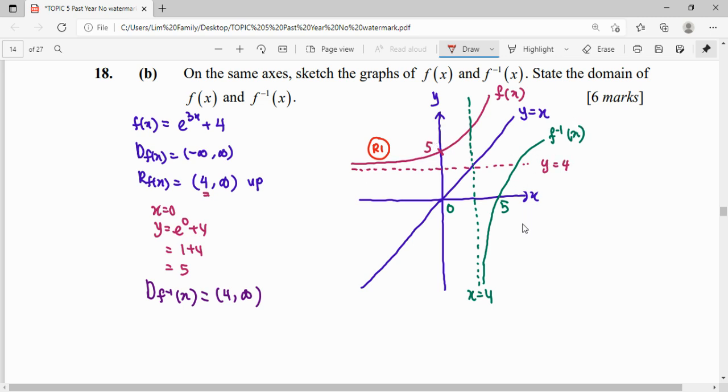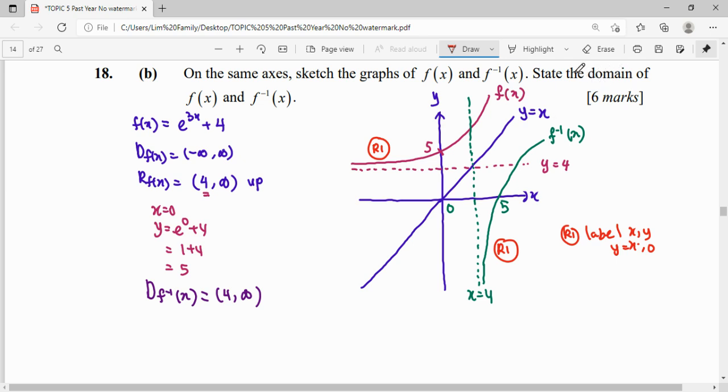Then the second mark is at the reflected graph here: vertical asymptote at x equals 4, and then point at 5. And then lastly, label. Label everything: our function f(x), f inverse, and the reflection axis, y equals x, origin, then all these functions.